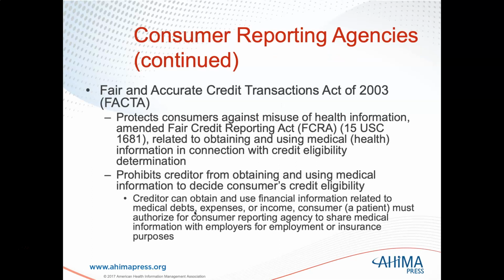In 2003, FACTA, the Fair and Accurate Credit Transactions Act, was put into place that provides protection to consumers against misuse of their PHI, and it amended the Fair Credit Reporting Act related to obtaining and using medical or health information in connection with credit eligibility determination. What it means is it prohibits the creditor from obtaining and using PHI to decide the consumer's credit eligibility. The creditor can obtain and use financial information related to medical debts, expenses, or income.